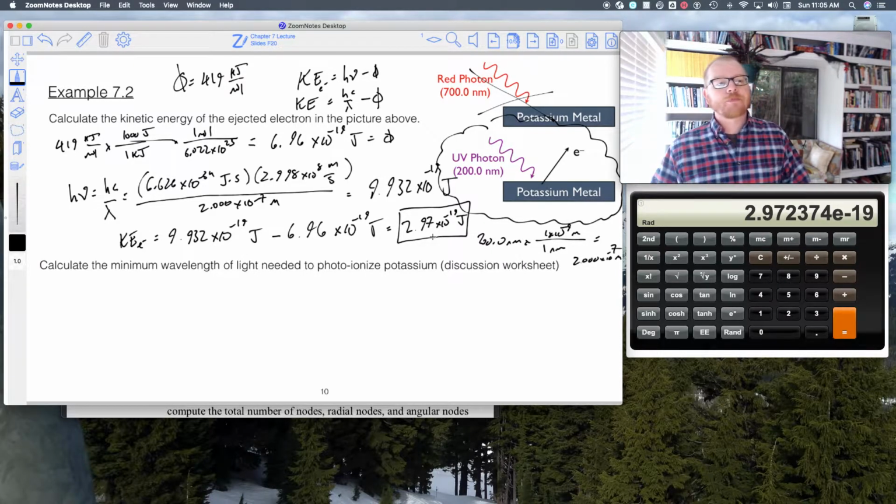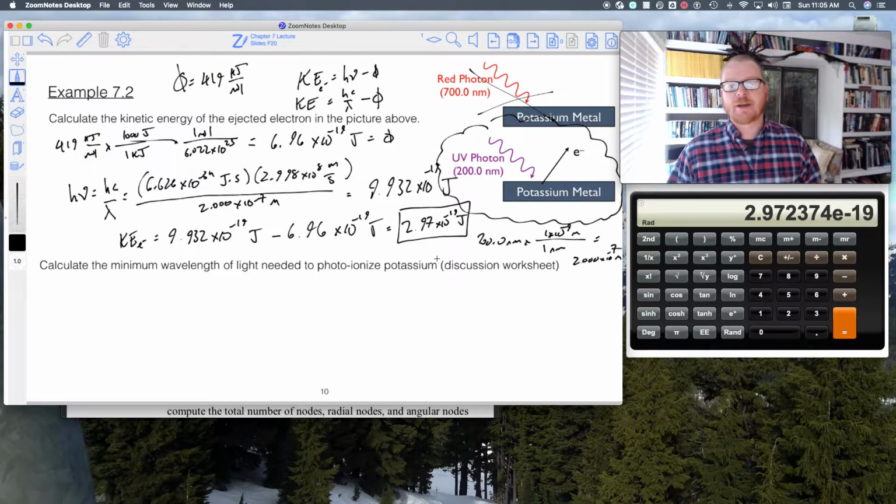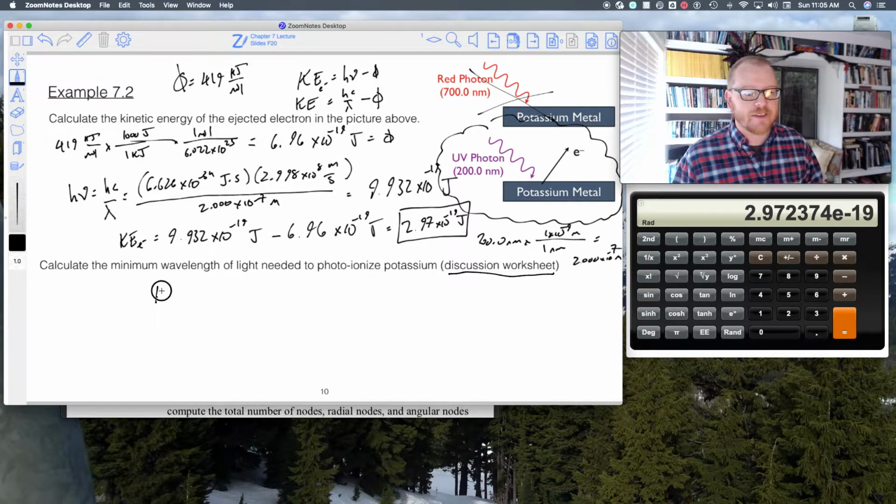So now, calculate the minimum wavelength of light needed to ionize potassium. It says we're going to do this in the discussion worksheet, and we will. I'll give you a different example than this one. But now if we think about it here, the minimum wavelength of light needed to photoionize is going to be, so I'm going to write this as hc over lambda minus phi.